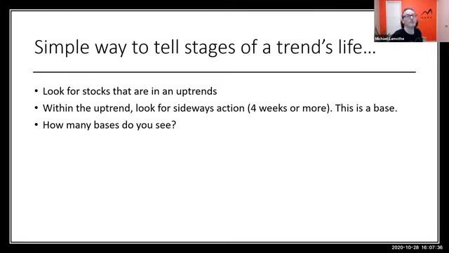All right, so the simple way to tell stages of a trend's life would be to look for stocks that are in uptrends. An uptrend is defined as a series of higher highs and higher lows in the price action that we're looking at.